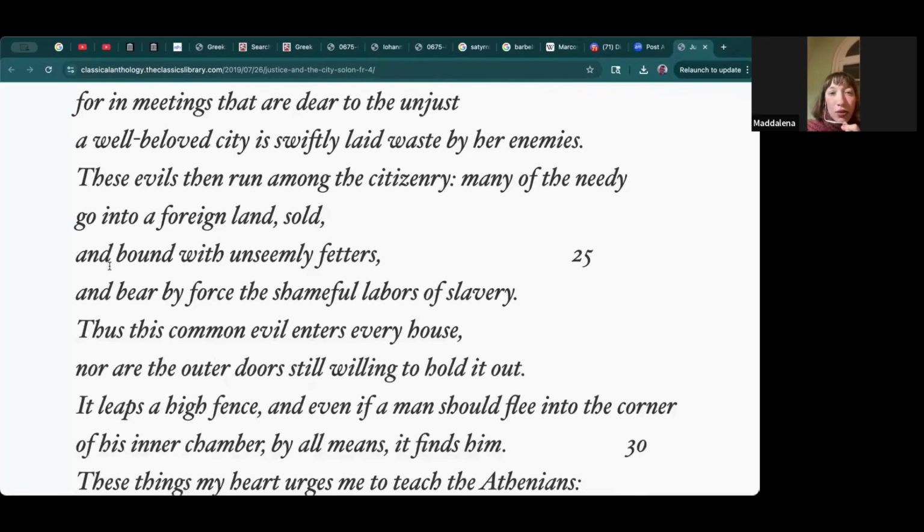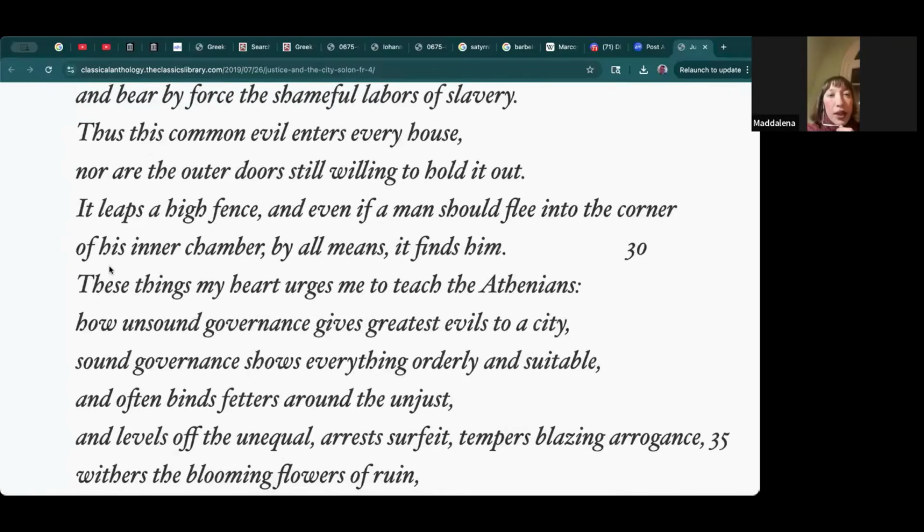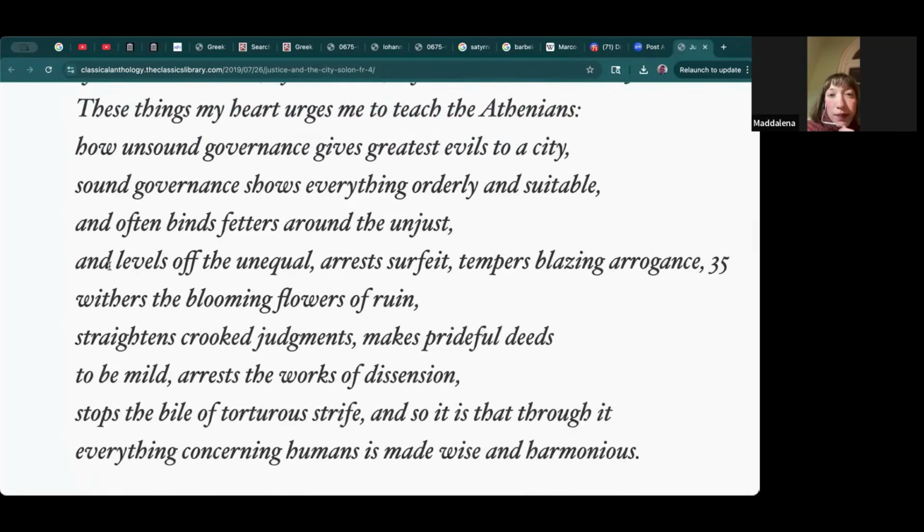Many of the needy go into a foreign land sold and bound with unseemly fetters, and bear by force the shameful labors of slavery. Thus, this common evil enters every house, nor are the outer doors still willing to hold it out. It leaps a high fence, and even if a man should flee into the corner of his inner chamber, by all means it finds him. These things my heart urges me to teach the Athenians, how unsound governance gives greatest evils to a city.